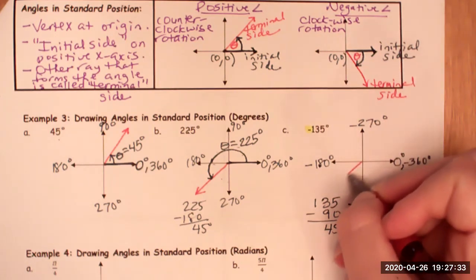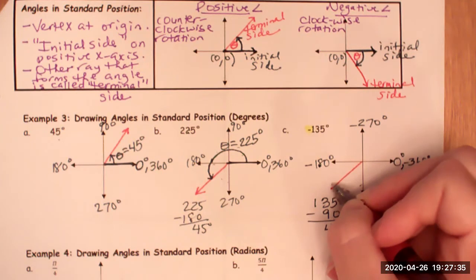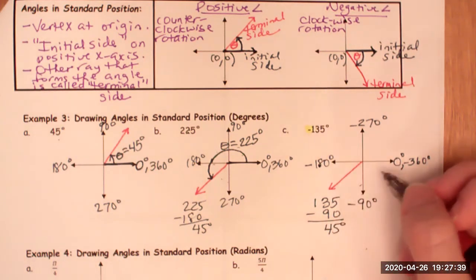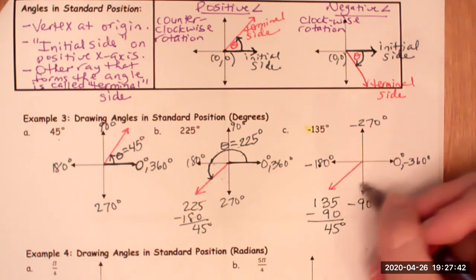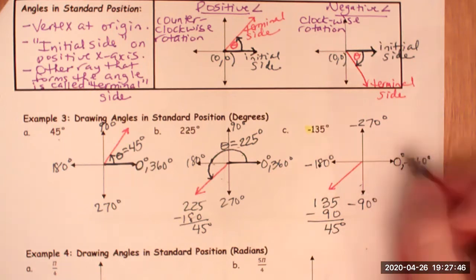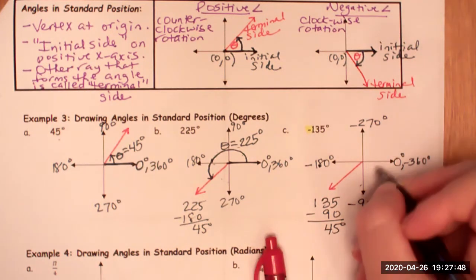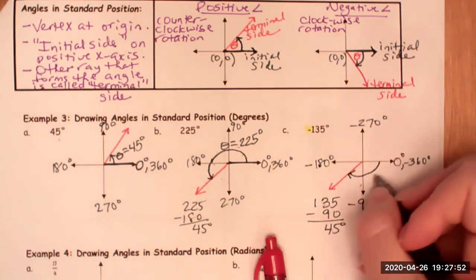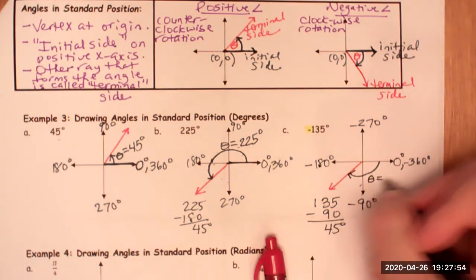So that angle is going to be 45 degrees farther as we wrap around the circle clockwise from negative 90. Okay, so if I were to draw that rotation here, I've now drawn an angle, theta, of negative 135 degrees.